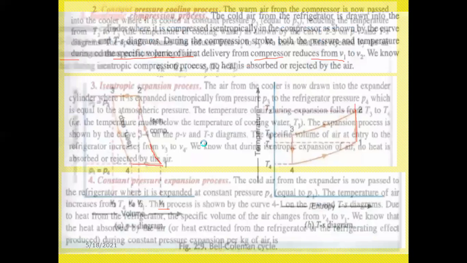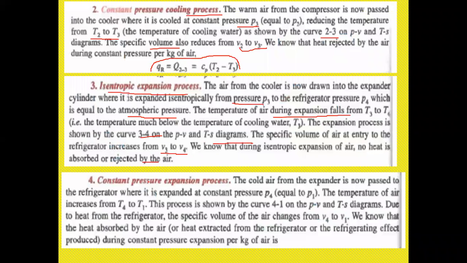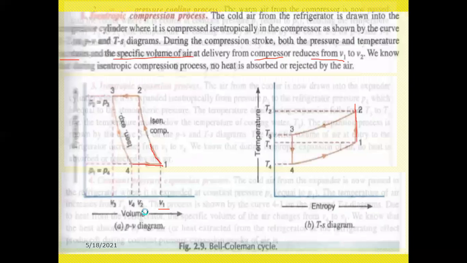See here. So in the constant pressure expansion process, the cold air from the expander is now passed to the refrigerator, where it is expanded at constant pressure, and the temperature increases from T4 to T1. See the figure here.